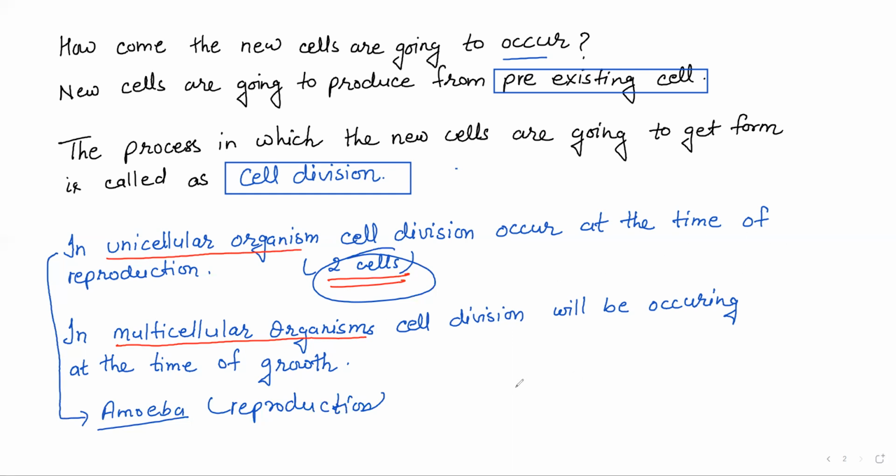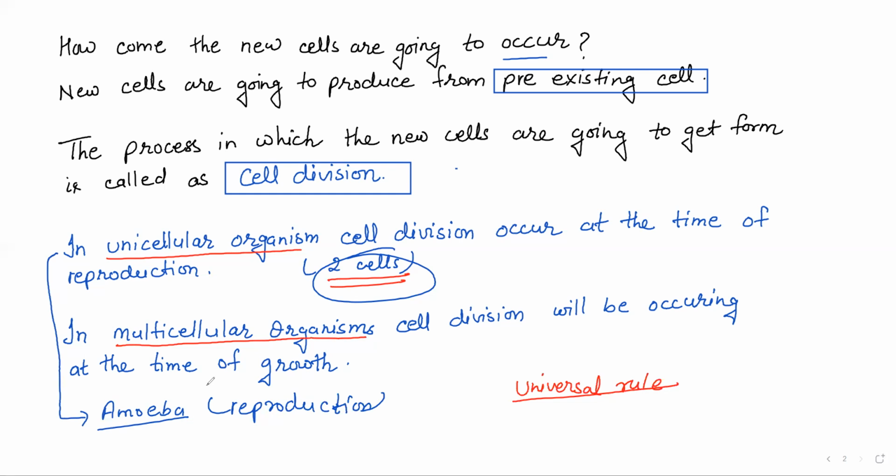So that is the universal rule. In a unicellular organism, cell division occurs at the time of reproduction, whereas in a multicellular organism, it occurs at the time of growth.